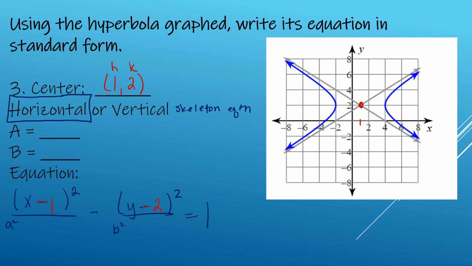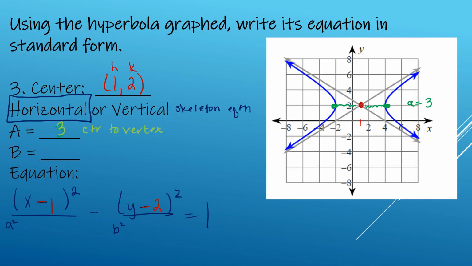It's easier in this case to count our a value over because we can determine where the two vertices are. I have a vertex at (4, 2) and at (-2, 2). So if I count that distance on either side, that a value has a distance of 3. Remember, we're going from our center to a vertex just to get our a.